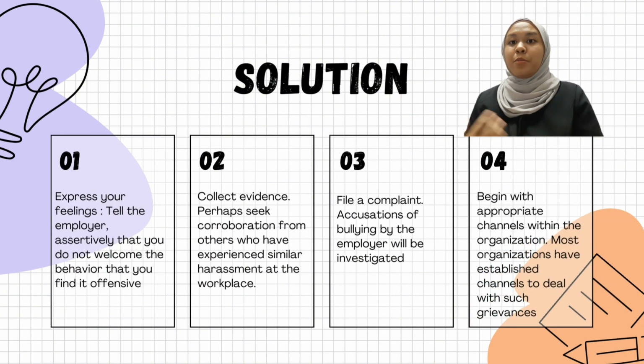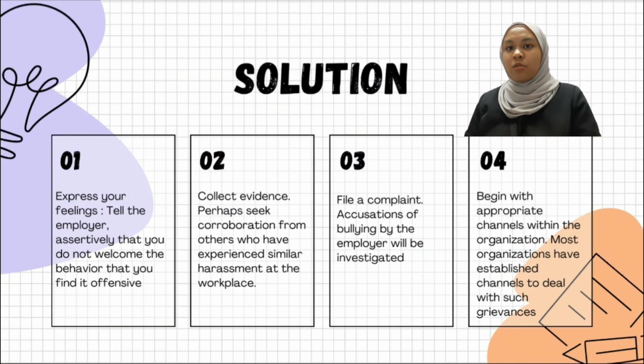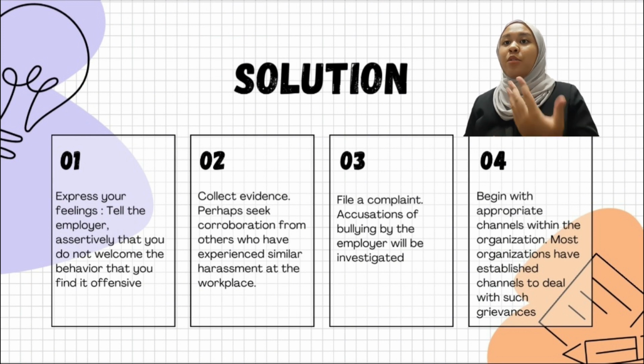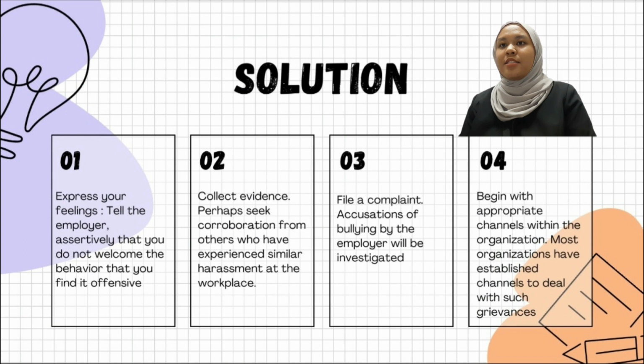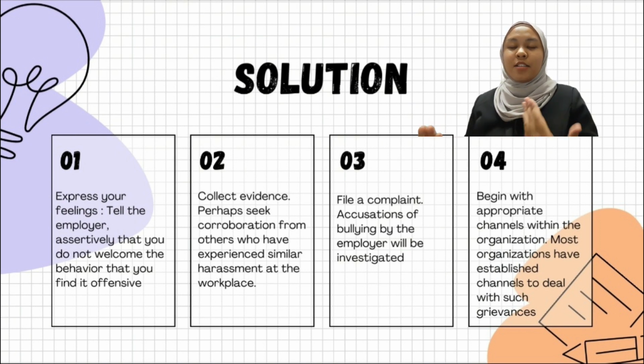And when it comes to a problem, it will have its own solution. So the first one is to express your feelings. Tell the employer that you do not welcome the behavior and that you find it offensive. And secondly, collect evidence of the problem. Perhaps seek corroboration from others who have experienced similar harassment at the workplace.